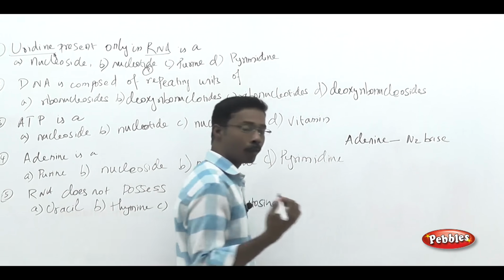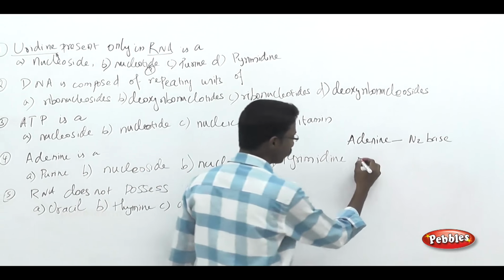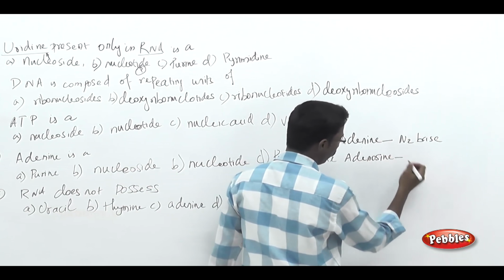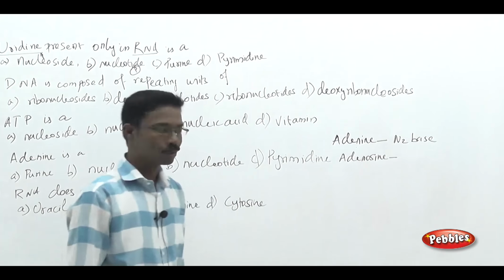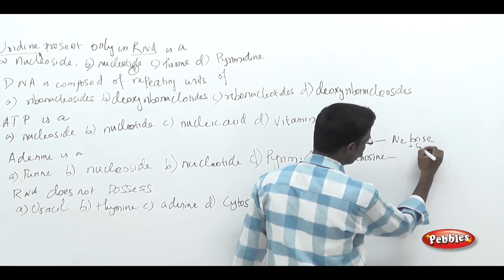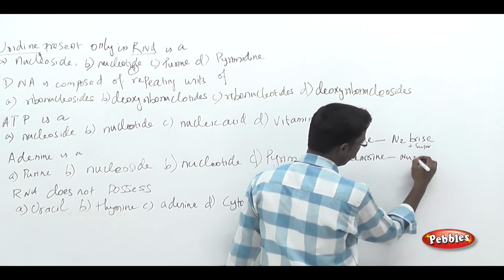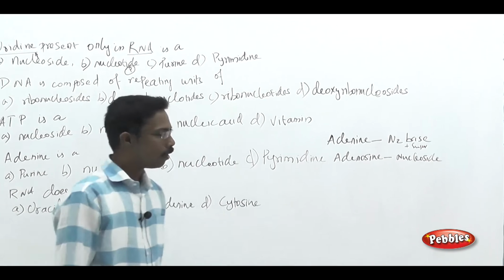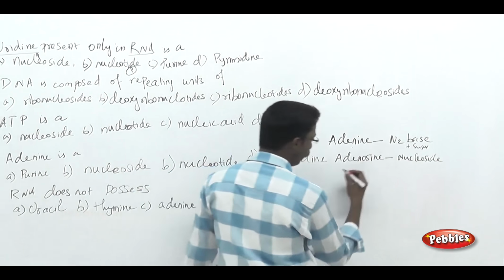When you are talking about a particular nucleoside, you have to use the term adenosine. This refers to nitrogenous base plus sugar, that is a nucleoside. Then what about the nucleotide?